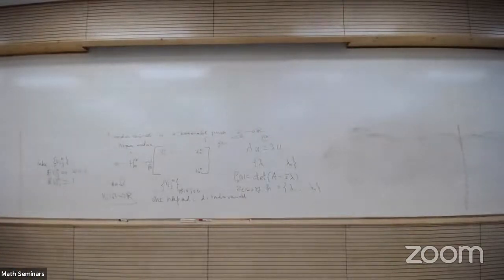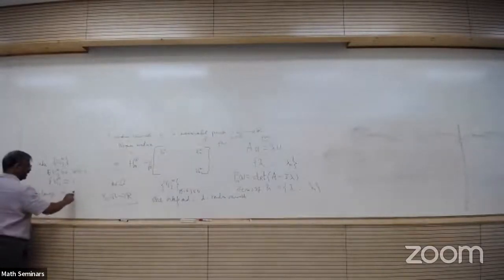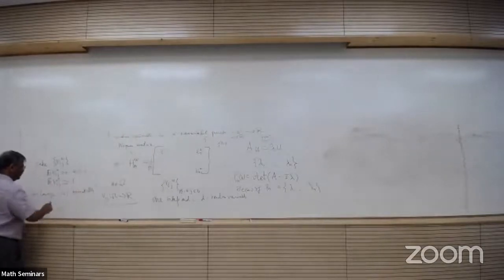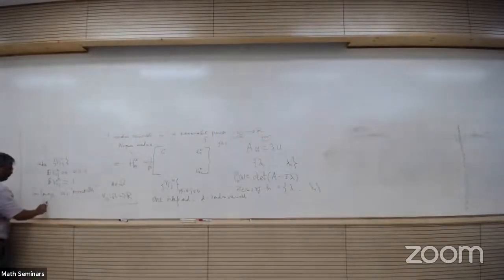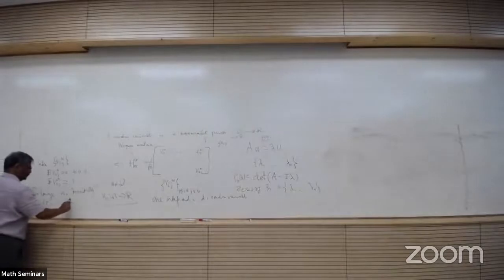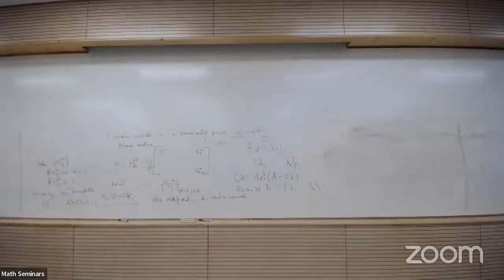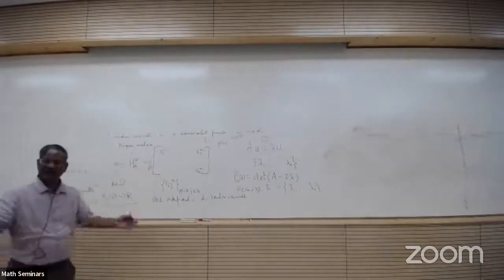So what it does is for large n, essentially all the eigenvalues in this collection lie in [-2, 2] because of this normalization. Essentially means there are very small numbers outside.